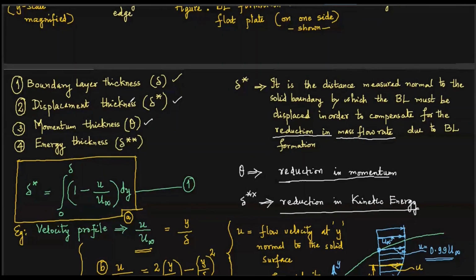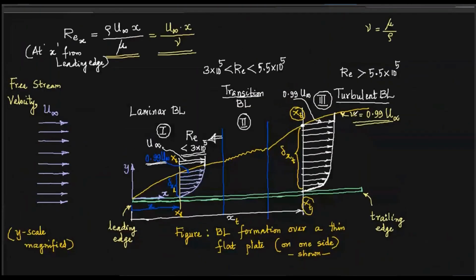This boundary layer thickness and the related correlations we'll explain in the next class. There are some correlations like the Blasius correlation we use essentially to find out the boundary layer thickness. See, this boundary layer is called the velocity boundary layer or hydrodynamic boundary layer. This is due to the reduction in velocity, or the velocity gradient, that the flow suffers when it flows past a solid boundary.